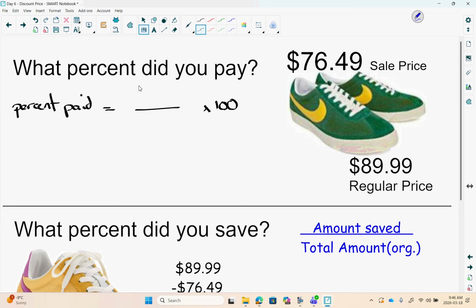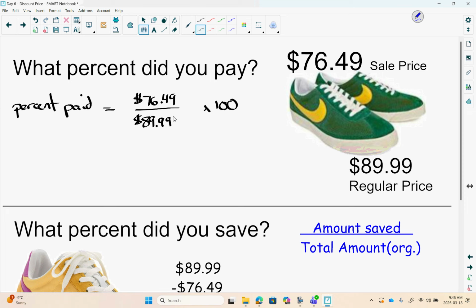What is the amount I'm going to pay for the sneakers? Yeah, the sale price. Okay, getting a deal. $76.49. What's the original amount? What do the sneakers usually cost? $89.99.